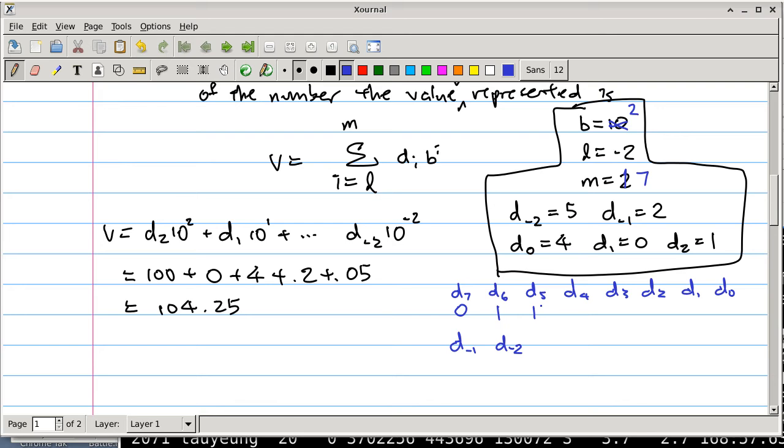8.25. So do we need any 2 to the power of 4? Nope. Do we need any 2 to the power of 3? Yep. So now we take out the 8. We only get 0.25 left, right? Do we need any 2 to the power of 2? Any 2 to the power of 1? Any 2 to the power of 0? Any 2 to the power of negative 1?